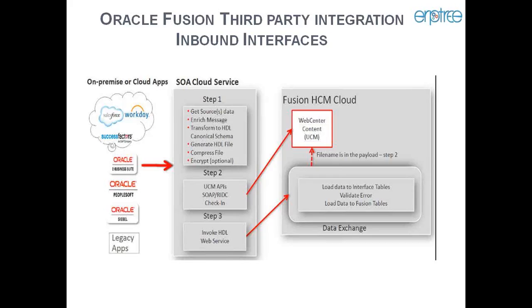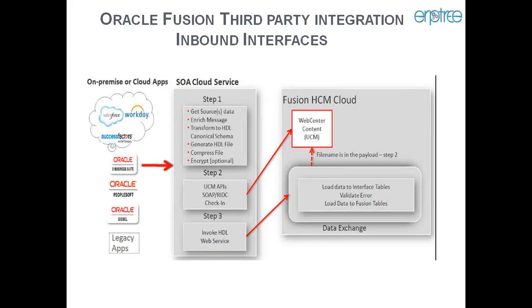In that case, we do not get applications to do some of the technical stuff, so for that we use the SOA cloud. Basically, the technical stuff which we do while integrating the Fusion application and the third party application are these three steps which we perform.